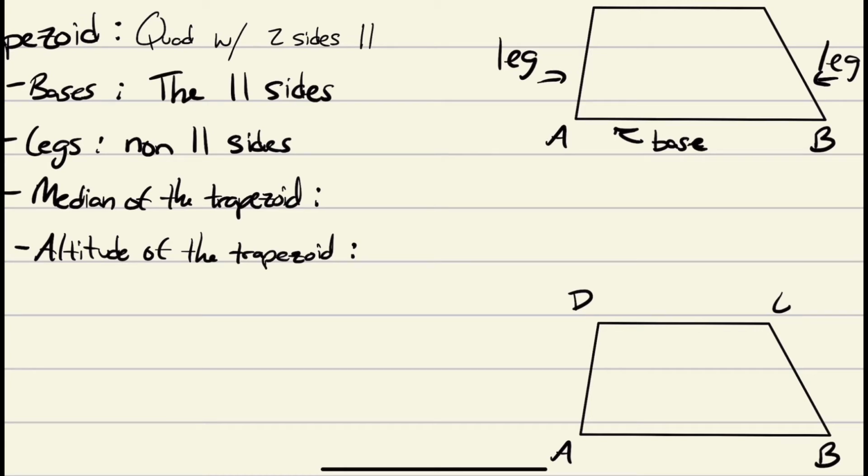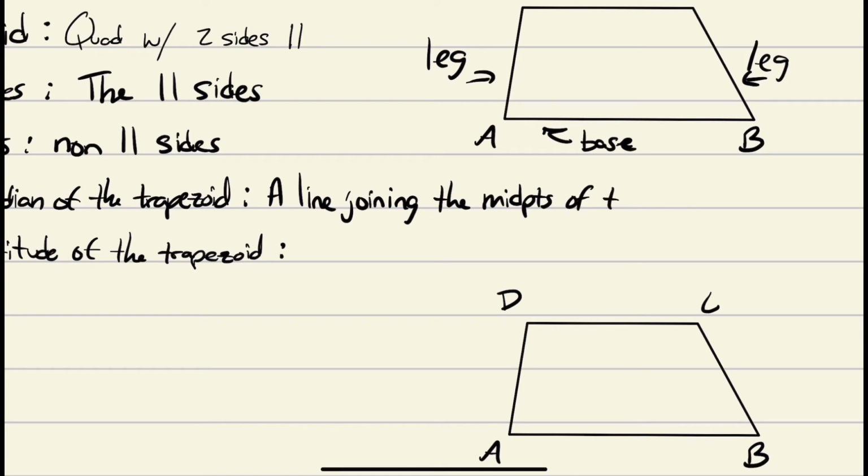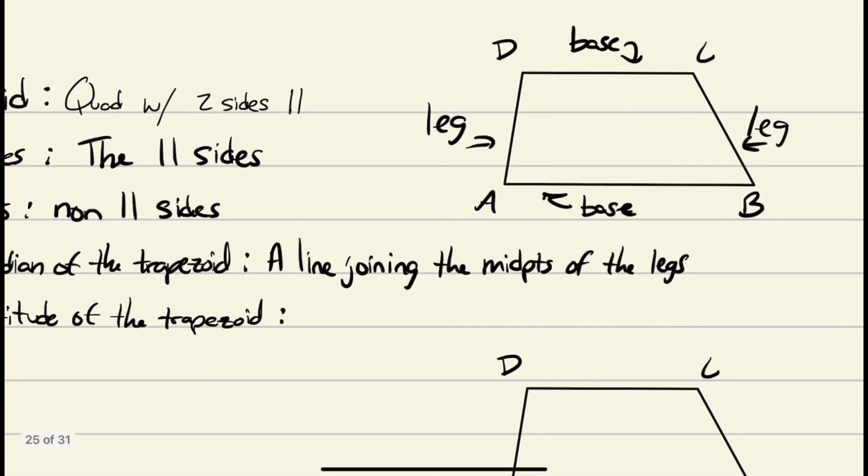But a median of a trapezoid is a line joining the midpoints of the legs. So if we had our two legs here and we wanted to draw a median, we'd go from the midpoint of this leg to the midpoint of the other leg. And so this is what a median may look like.